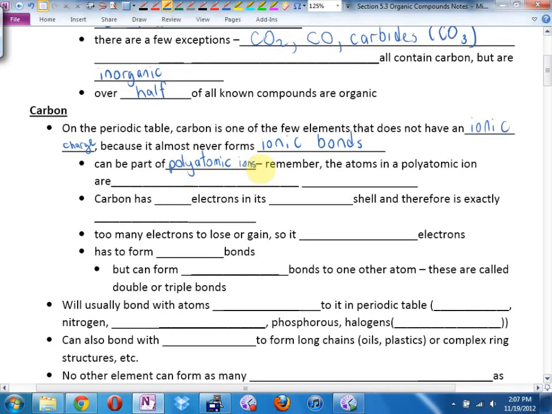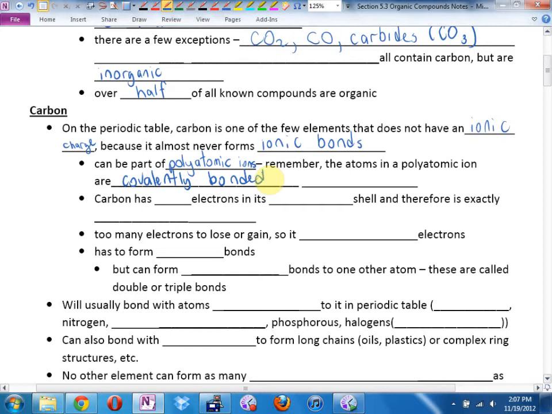But it doesn't form ionic bonds hardly at all. So the atoms in a polyatomic ion are covalently bonded. What are the polyatomics? They're in that little chart on the back of your pink sheet. Any of those that have carbon in them, the carbon in there is covalent.